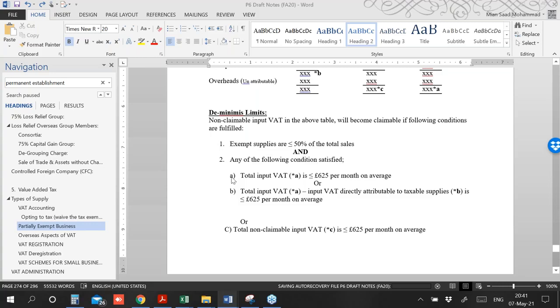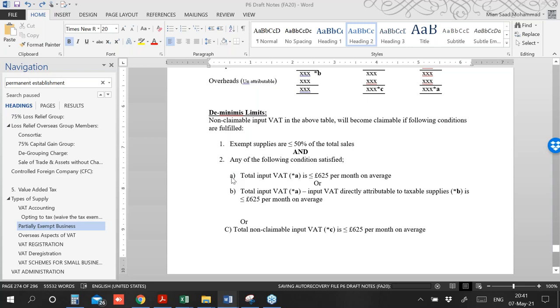For example, a college. A college deals in exempt courses as well and the courses that are taxable as well. Now, obviously, there is a chance that college might be using the same building for both type of the courses. So the overheads exactly incurred on exempt courses and the taxable courses are difficult to find out.